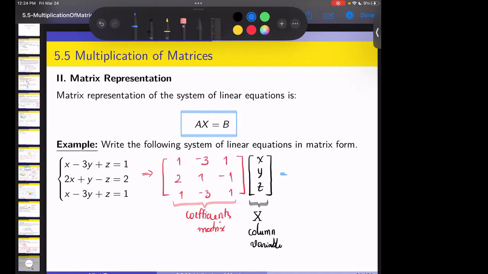And the last one is your constant matrix or constant column, which is the one on the right side of the equal sign. 1, 2, 3.